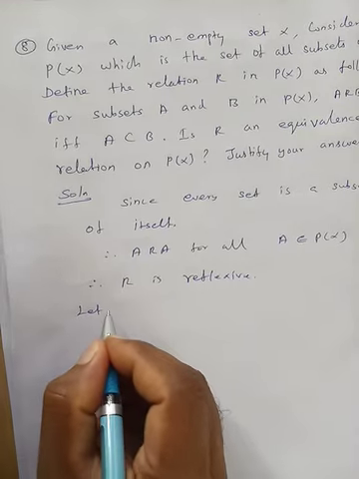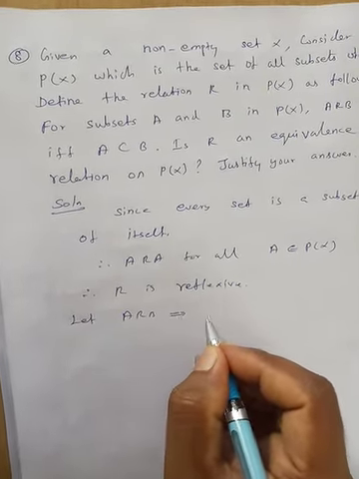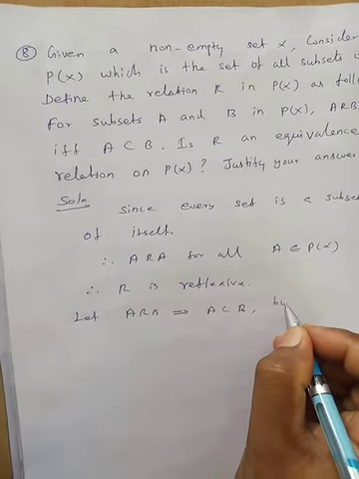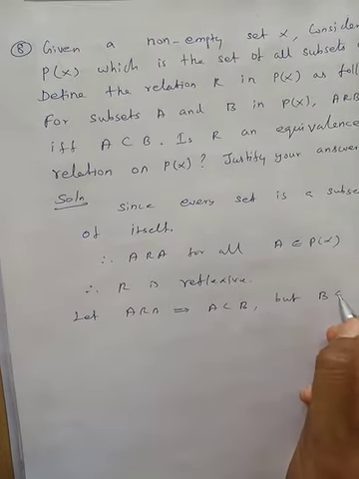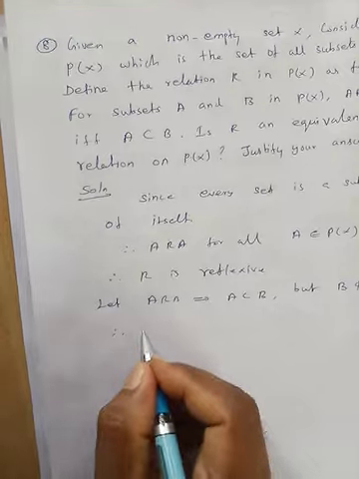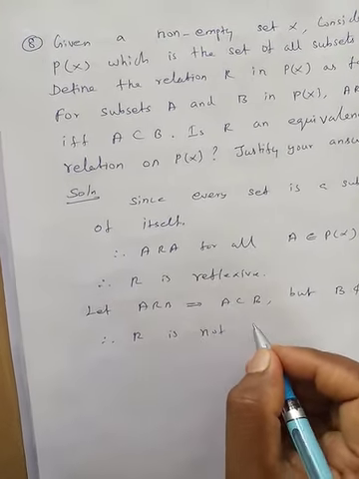Let A be related to B, which implies A is a subset of B, but B is not a subset of A. Therefore R is not symmetric.